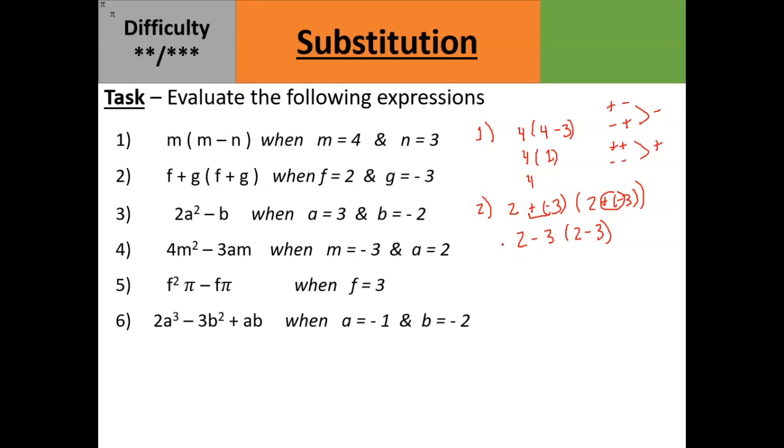Now, here's where people are typically going to go wrong. They're going to do this 2 minus 3, but we can't do that, right? We have to remember BEDMAS. So we're going to do what's in the brackets first. So I'm going to get a -1. Then what can I do next? Am I going to do the 2 minus 3, or am I going to do my multiplication next?